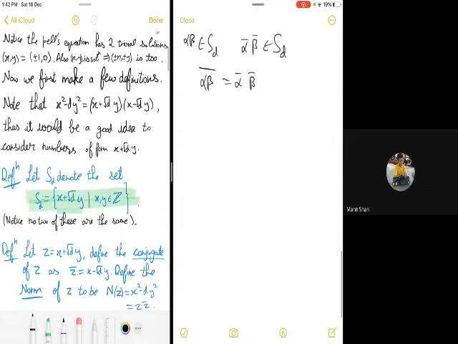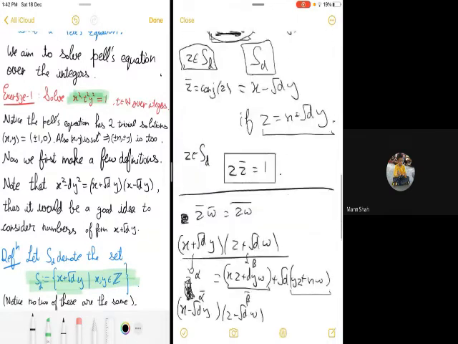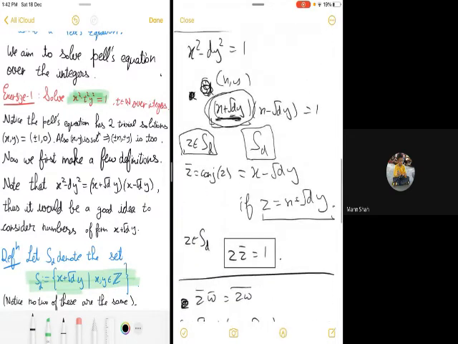Now, the main thing we are doing this for is because we want to solve Pell's equation. So, let's think about what x squared minus d y squared becomes in terms of S_d if z is an element of S_d such that z equals x plus root d y. Remember, the whole motivation of this was factorization, like this thing.